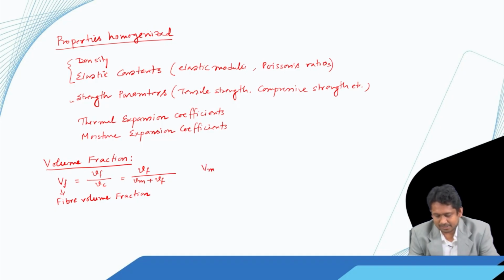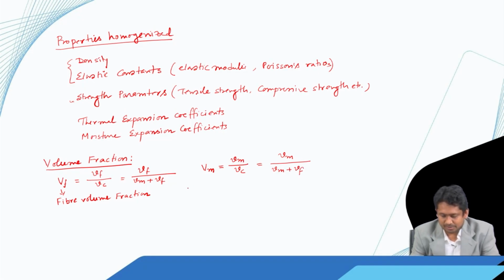Similarly, there is something called matrix volume fraction, that is matrix volume by composite volume or the total volume, and that is equal to the matrix volume divided by the matrix volume plus the fiber volume.